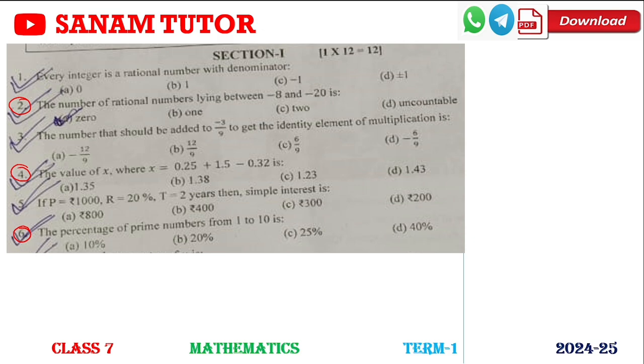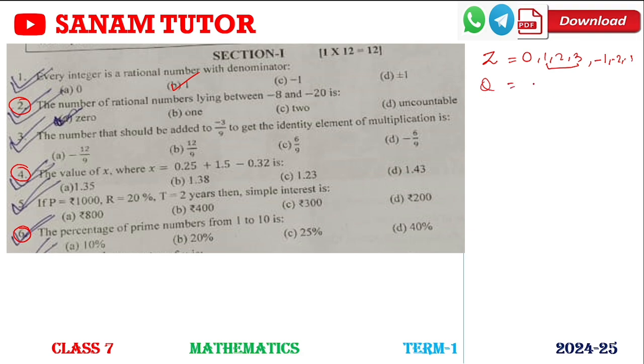Every integer is a rational number with denominator 1. How? Now we know that integers are represented by Z. 0, 1, 2, 3 are whole numbers, while 1, 2, 3 are natural numbers. Whole numbers with negative numbers, that is minus 1, minus 2, minus 3, are called integers. Then what is a rational number?